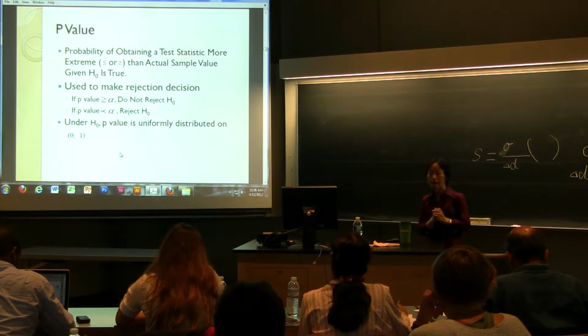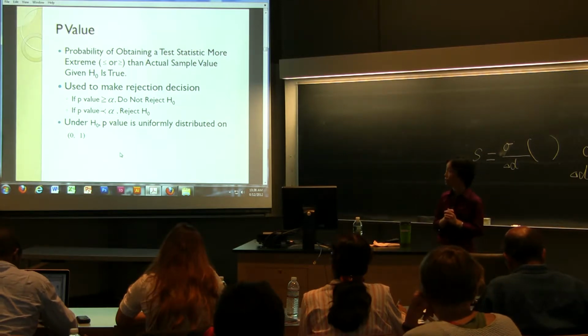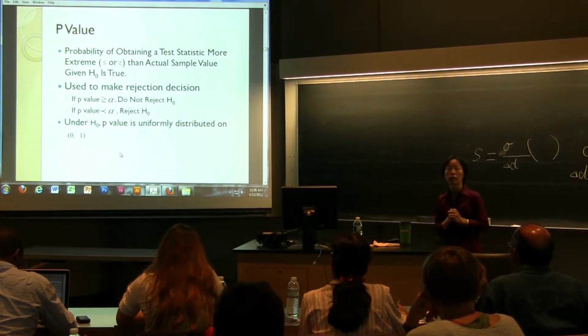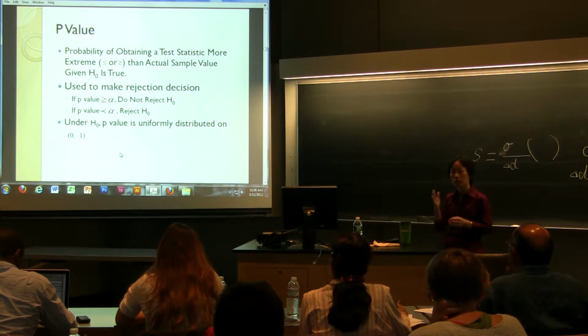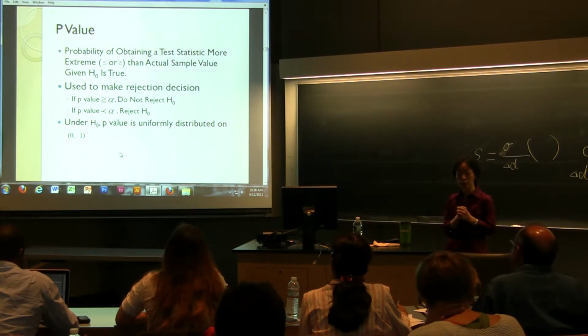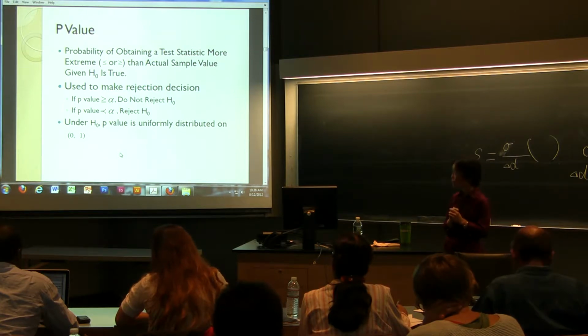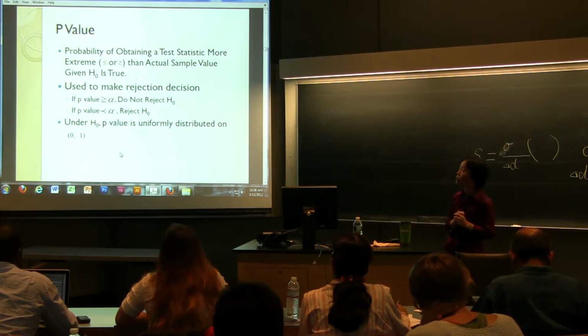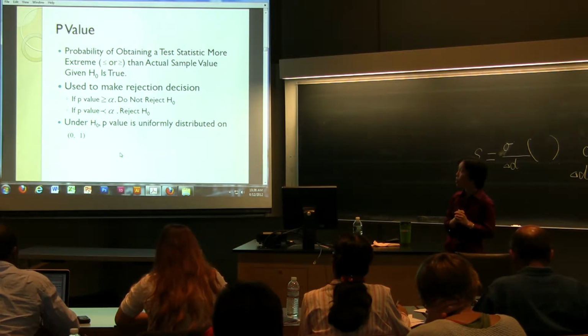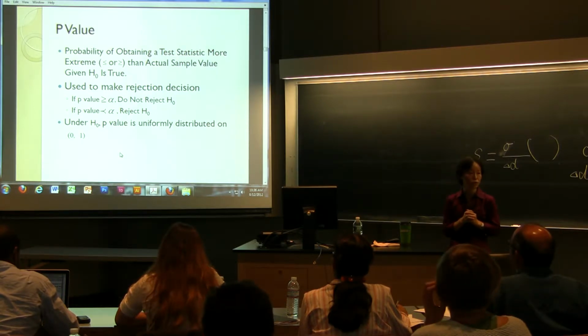Once the test statistic is decided, we know the null distribution, the sampling distribution of the test statistic under the null hypothesis, and then we can get the p-value. It is the probability of obtaining a test statistic more extreme than the actual sample value, given the null hypothesis is true.